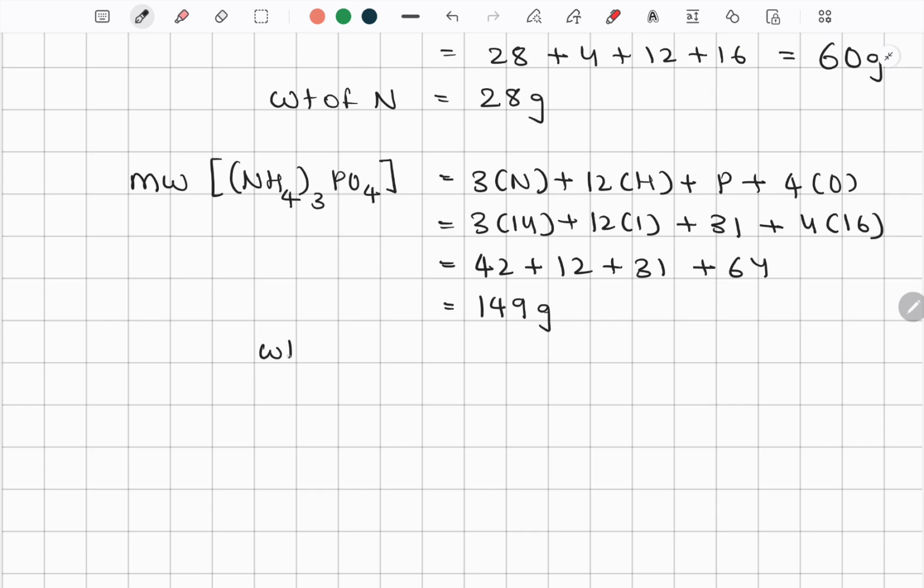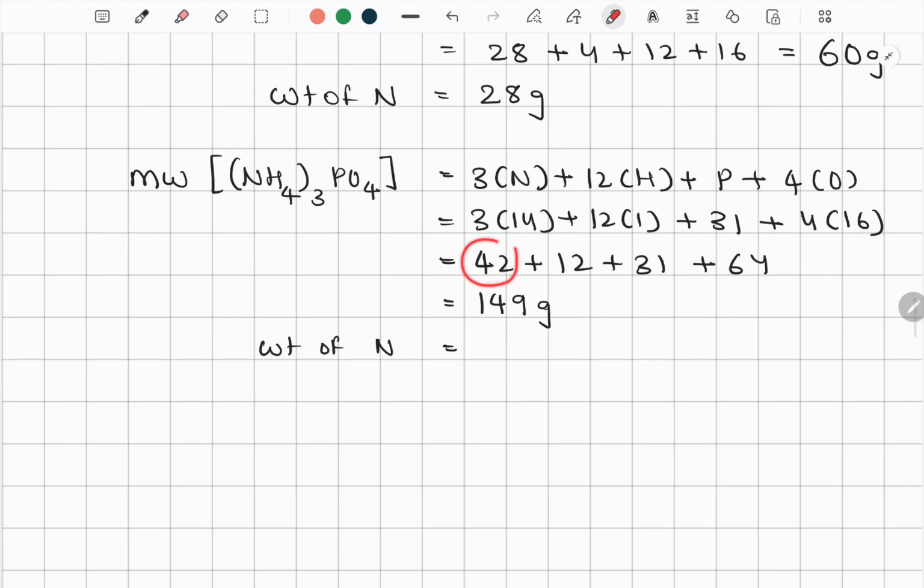Again, sir, the weight of nitrogen. The weight of nitrogen in ammonium phosphate is going to be 42 grams. Why 42 grams? Because we have 3 nitrogen atoms in the single formula of ammonium phosphate. So the total weight of nitrogen in one ammonium phosphate is 42 gram.